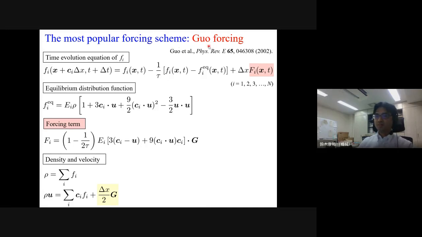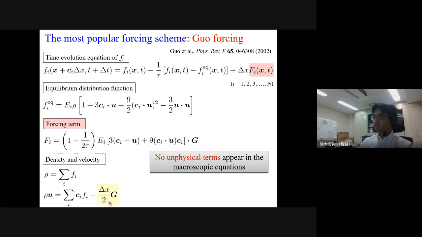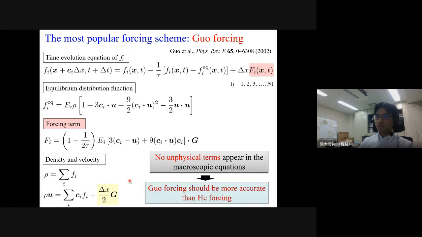In this scheme, the forcing term is more complicated than the He forcing, and the body force term is added to the definition of the velocity. From the Chapman-Enskog analysis, Guo et al. have shown that no unphysical terms appear in the macroscopic equations. Therefore, the Guo forcing should be more accurate than the He forcing.